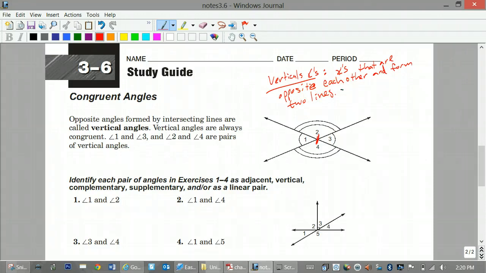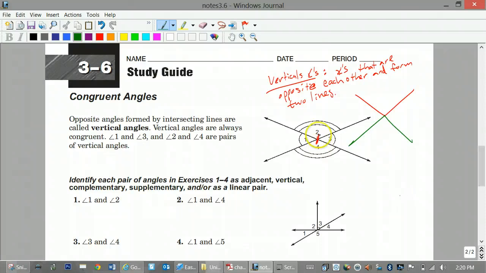The only way for that to be the case in the picture that's drawn is for 2 and 4. Those are opposite each other, opposite meaning not adjacent, and form two straight lines. If that's angle 2, and this is angle 4, they're opposite each other and they form two straight lines. Well, two lines that would have the vertices shared. Okay, that's the way they get it.